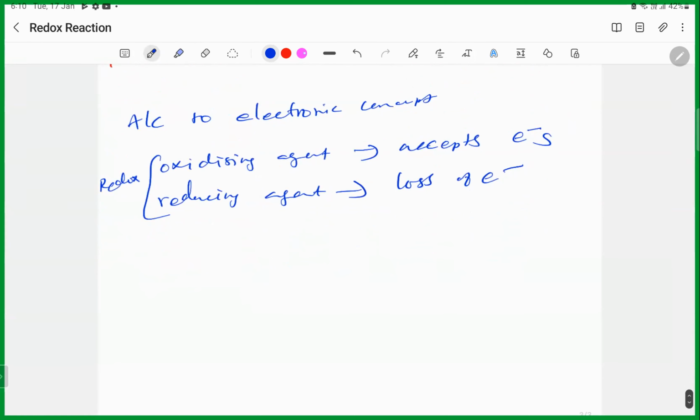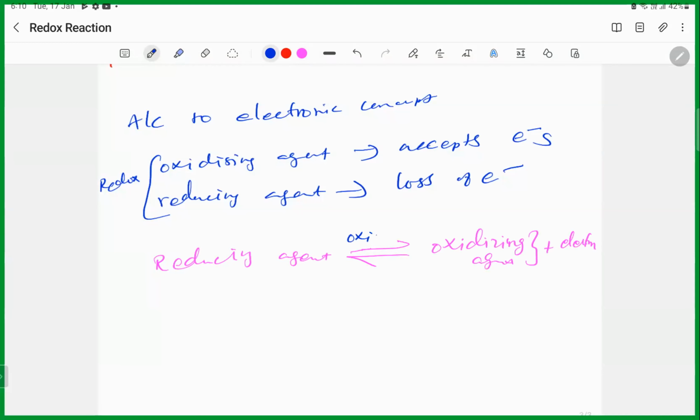So how can you write it? The reducing agent, in equilibrium, becomes the oxidizing agent plus an electron.